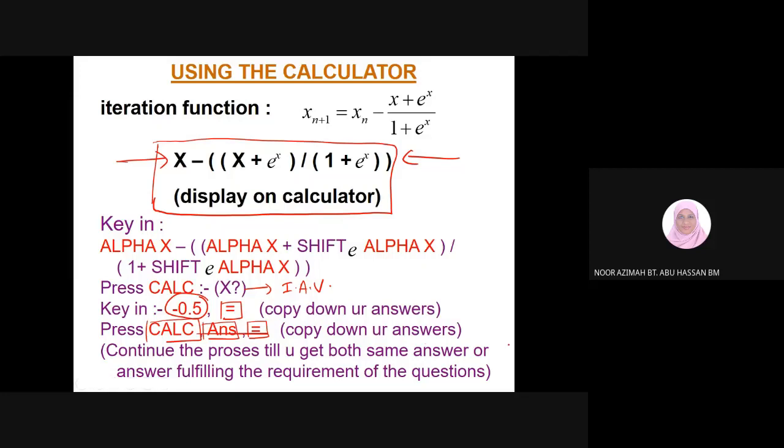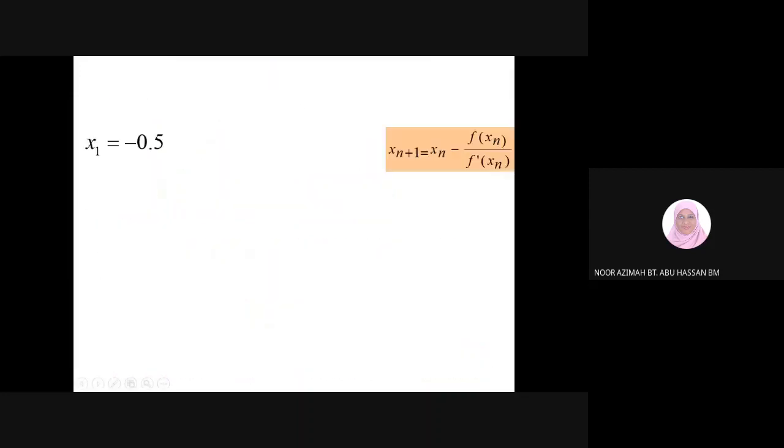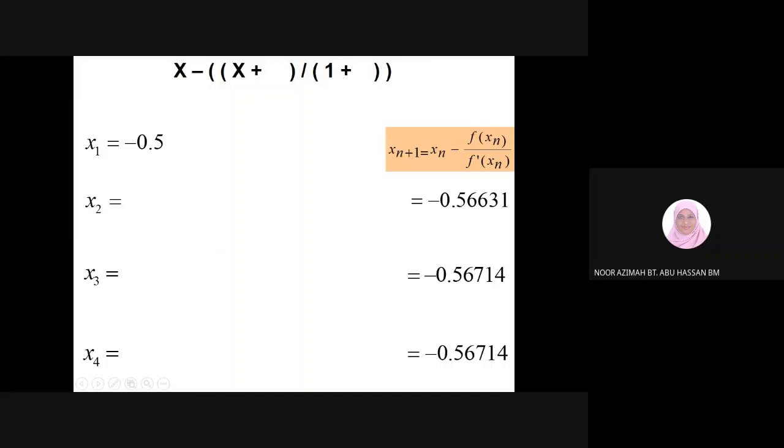Continue the process until you get the same answer twice, or an answer fulfilling the requirement of the question, which in this question is 4 decimal places. This is what you should end up having in your calculator, and then you press calc.